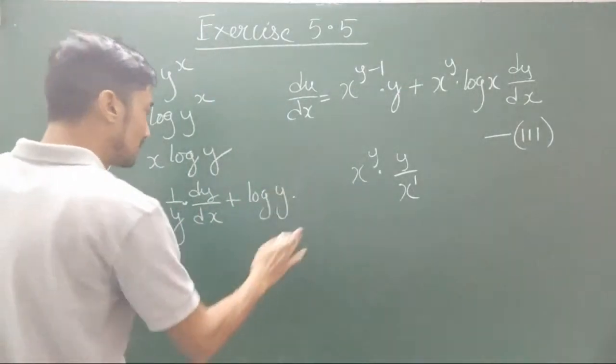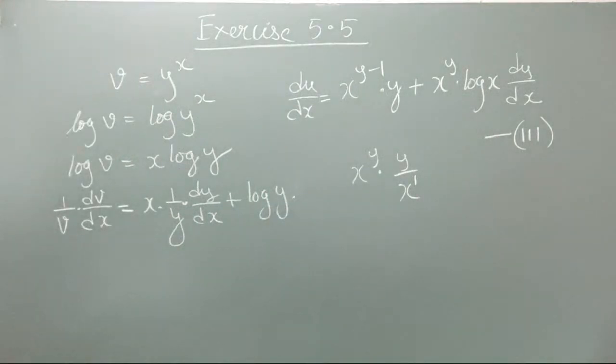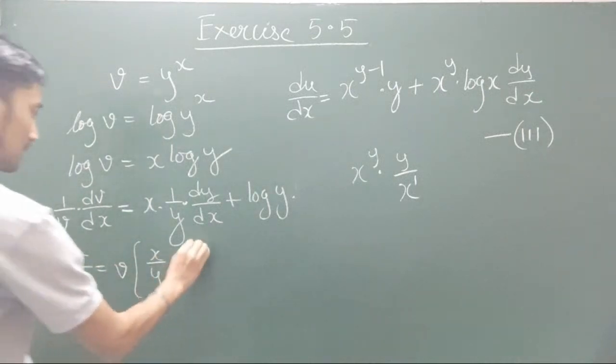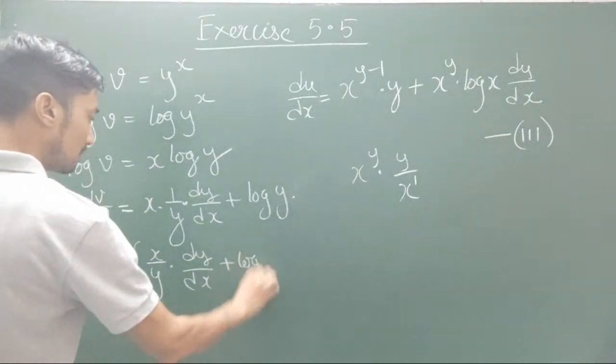We all know that already, so let's skip that part. So dv upon dx would be v times x by y dy by dx plus log y.